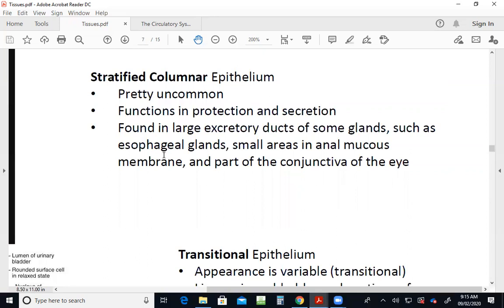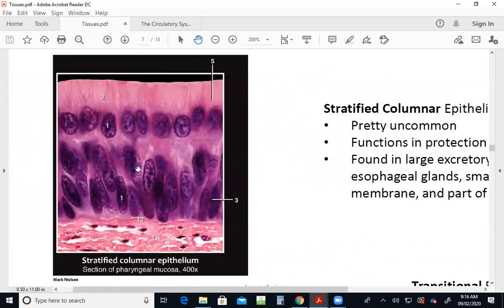Esophagus is the tube that carries food to our stomach. Anal mucous membrane, part of the conjunctiva of our eye. So from number 12, where that little red line is, the basement membrane out to this point, you can see it looks like one layer tall, maybe a second layer, and then maybe even a third layer, but at least two layers. So that makes it stratified columnar.